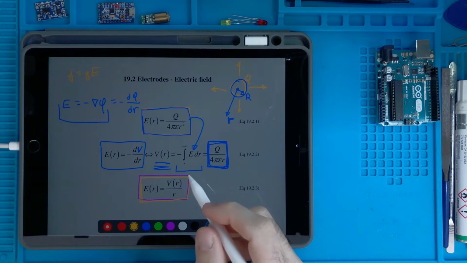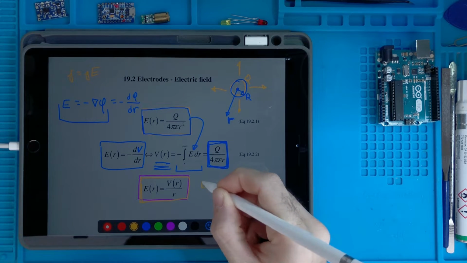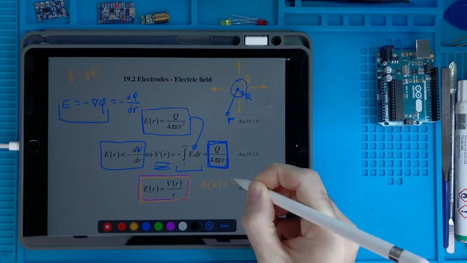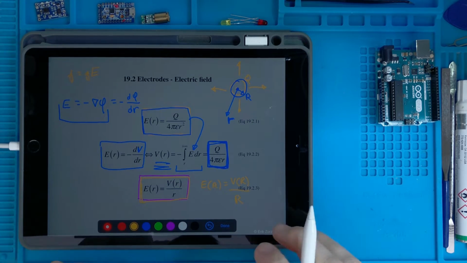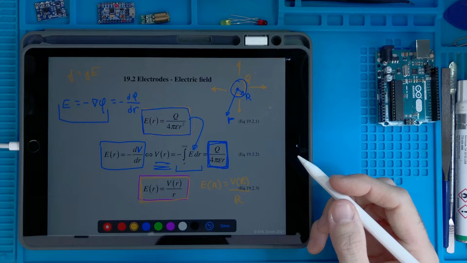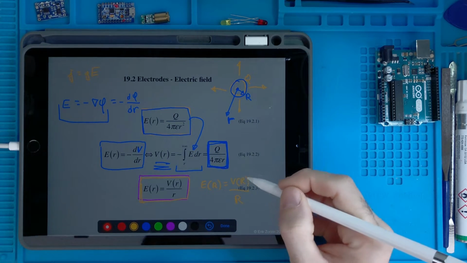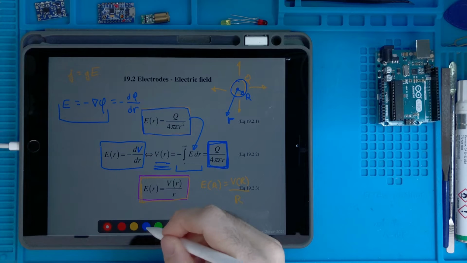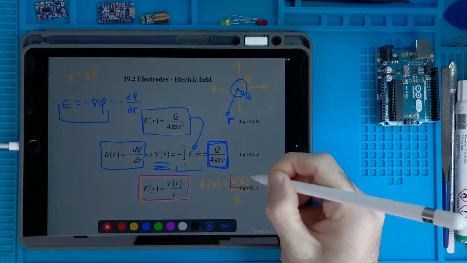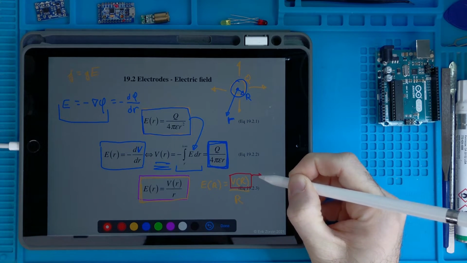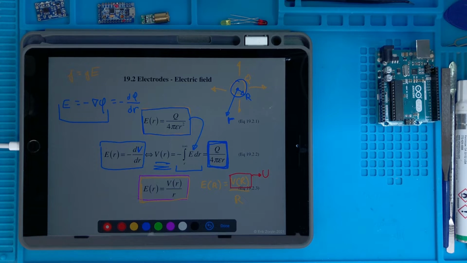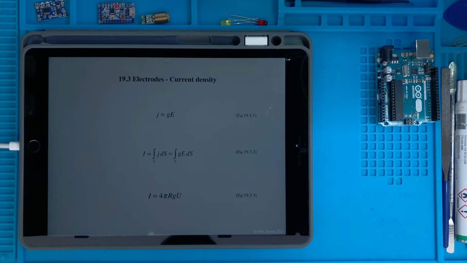Now this time we will compute E of r equals V of r over the radius of the sphere. So we are choosing to integrate on this surface. And what is V of r? V of r is the voltage of the sphere. So it's what we called U, because the sphere is connected to a known voltage U, the voltage of the battery, which makes the current flow out of it.